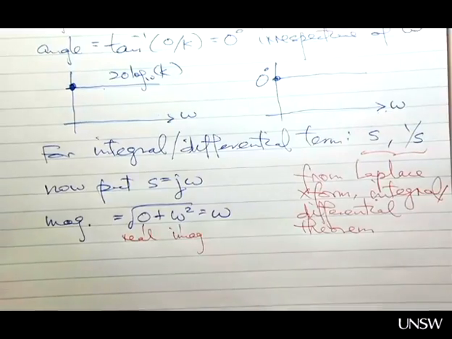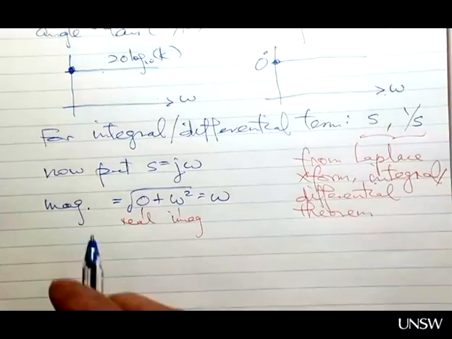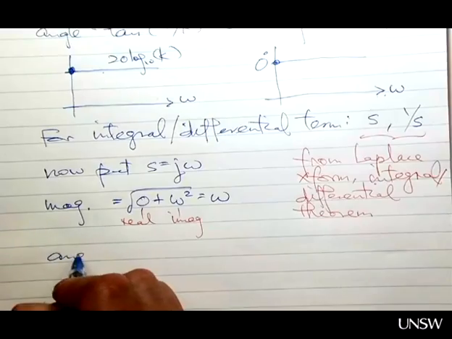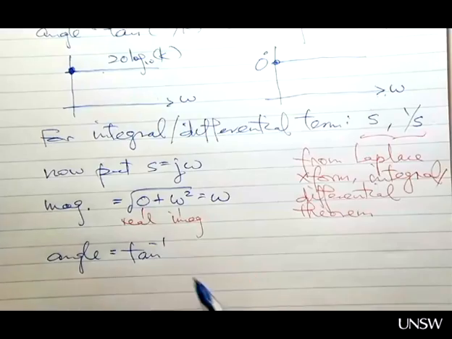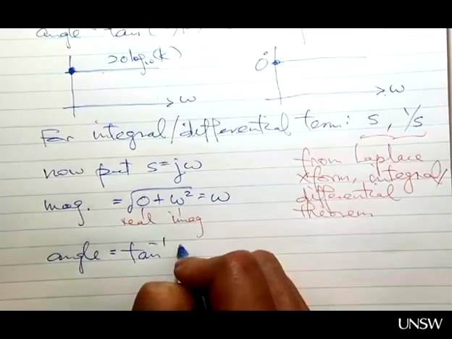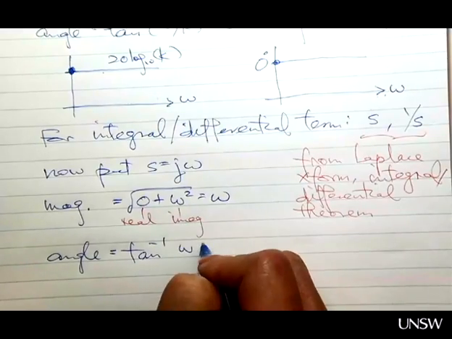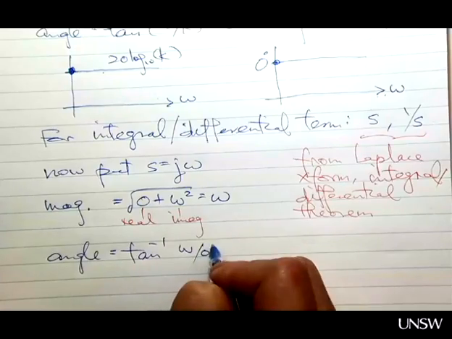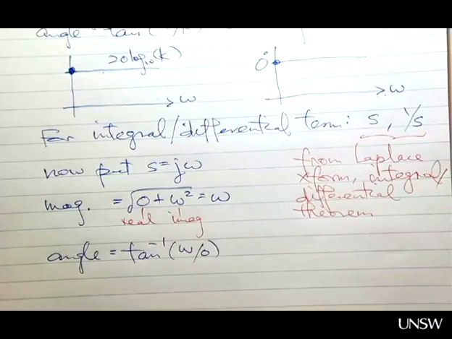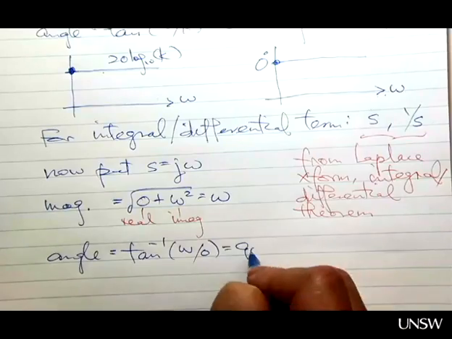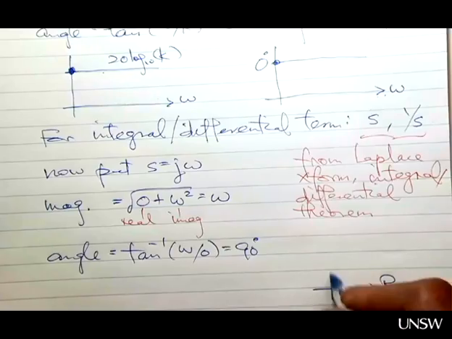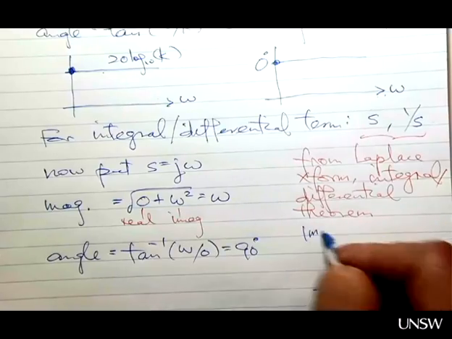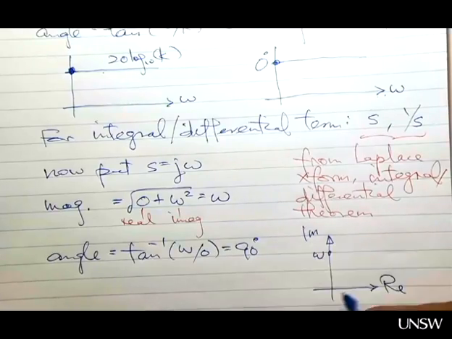And then the angle is the arctangent of the imaginary over the real part. So it is 90 degrees. We have the real part, the imaginary part, and then this is omega somewhere, but the real part is always 0. So we have this 90 degrees.